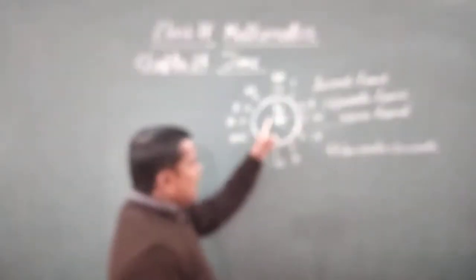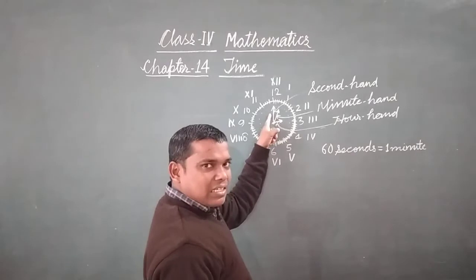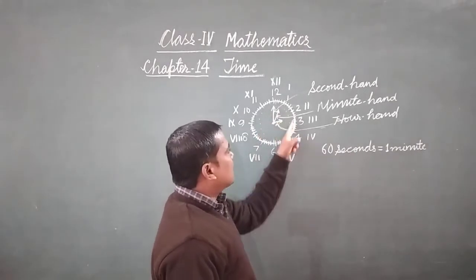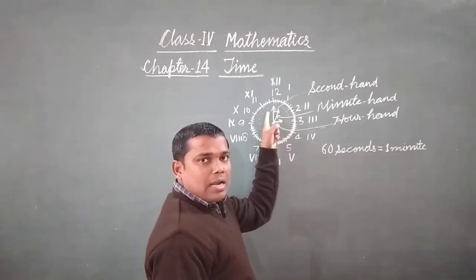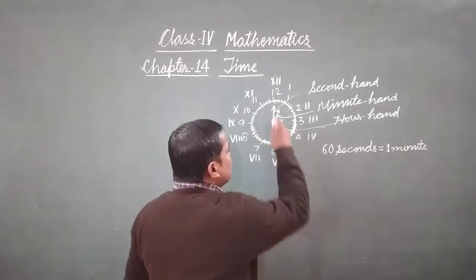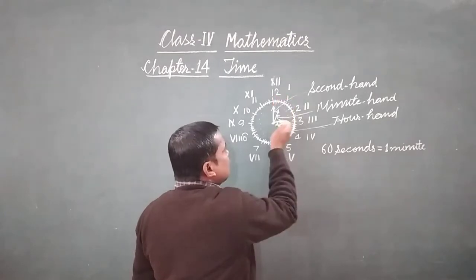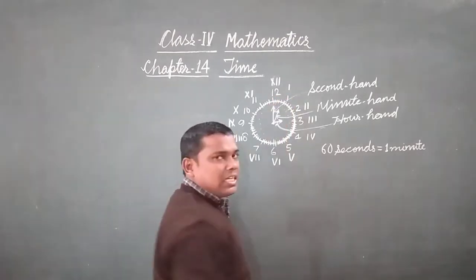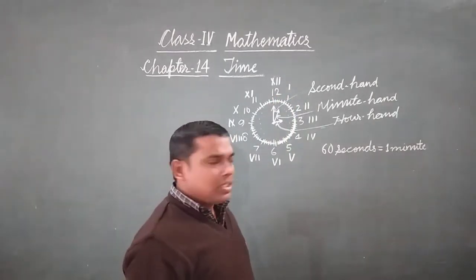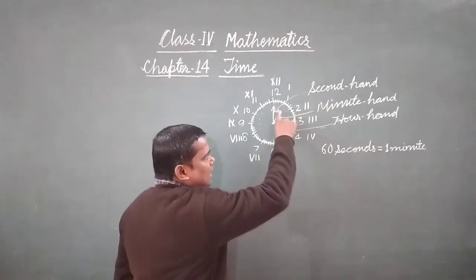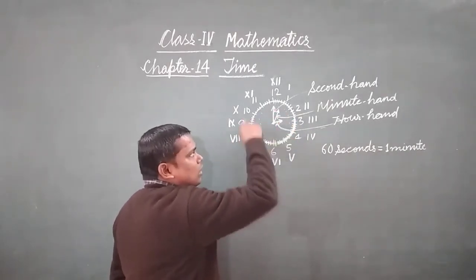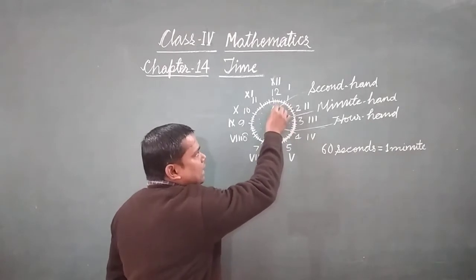Now, if the second hand covers one complete rotation, the minute hand covers 1 minute, means from one interval to the next. Once the second hand covers one complete rotation, then the minute hand will be here.